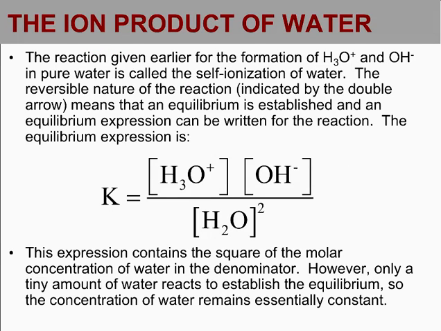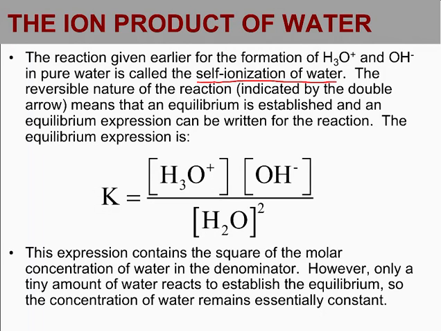So what this leads to is something called the ion product of water. So the reaction that we saw in the last slide is called the self-ionization of water, which produces, again, hydronium ions and hydroxide ions. And we just saw that we can write the equilibrium expression for that reaction.